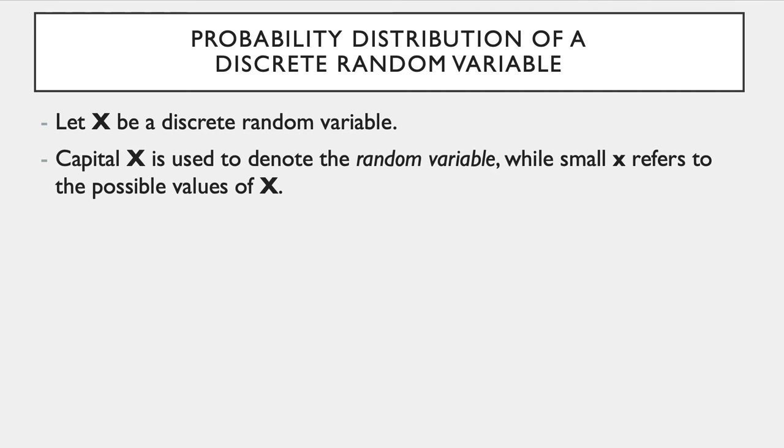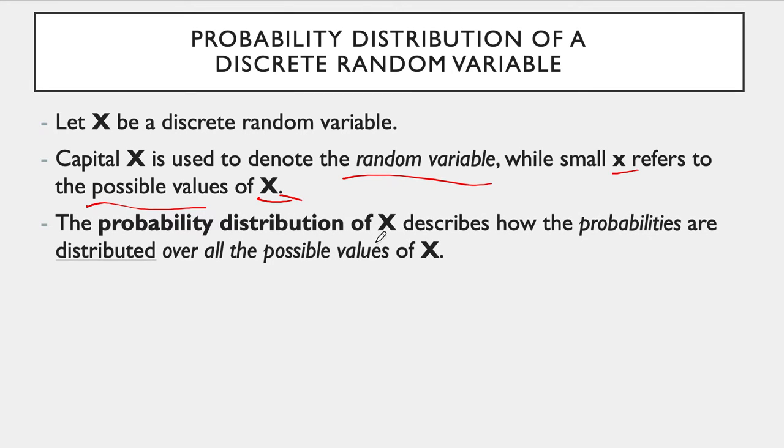Capital X, or big X, is used to denote the random variable itself, while small x refers to the possible values of big X. The probability distribution of big X describes how the probabilities are distributed over the possible values of big X. All the possible values of big X are, of course, our small x's.